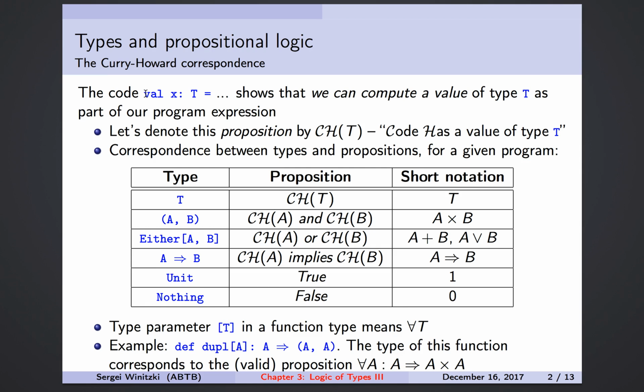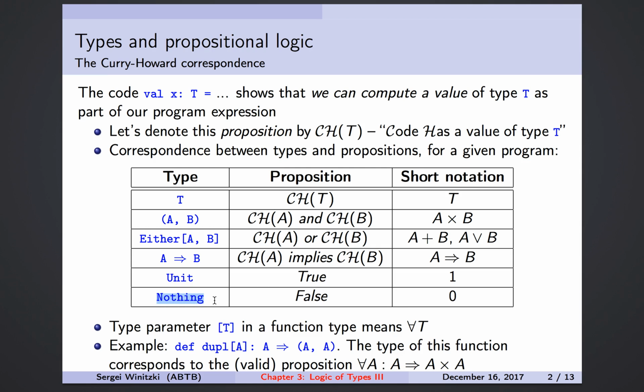All you have to say is val x colon unit, or without a type annotation, equals the empty parentheses, the empty tuple. You don't need any other values to be able to compute unit. You can always have it. So code has unit always, regardless of any other values that the code has or doesn't have. So it means that the proposition that code has a value of type unit is always true.